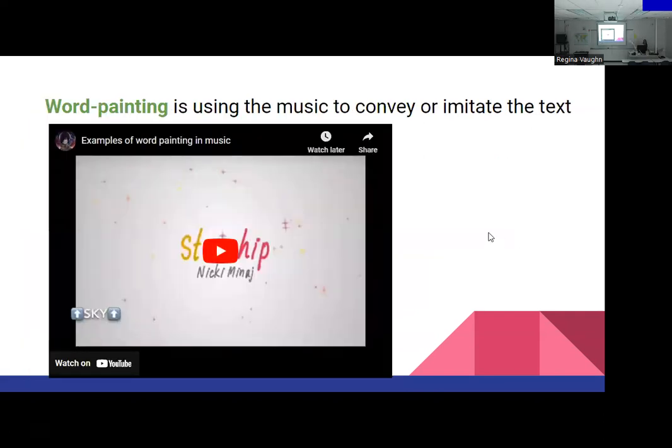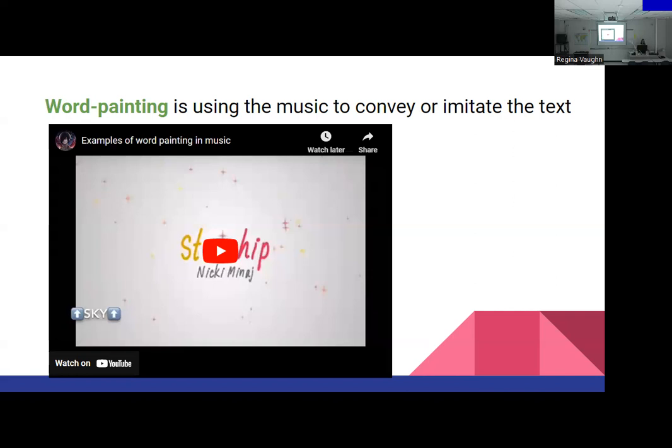Word painting is when we use the music to convey or imitate the text. If you are singing a song about how happy you are, but the song is set in a minor key that sounds kind of sad or mysterious or dark, that's a weird way to paint that text.